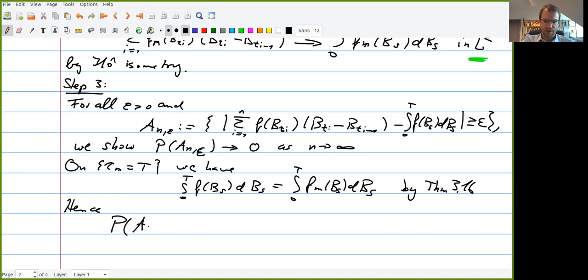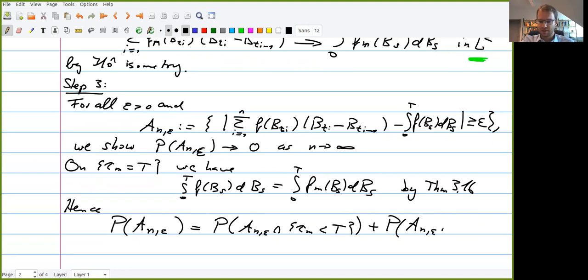If we want to estimate the probability of A_{n,epsilon}, well, this is the same as the probability of A_{n,epsilon} intersected with the stopping time being less than T, plus the set A_{n,epsilon} intersected with the complement of this event, so that tau_m is equal to T. And now we can estimate this from above by, okay, let's make this set a bit bigger so that tau_m is less than T.